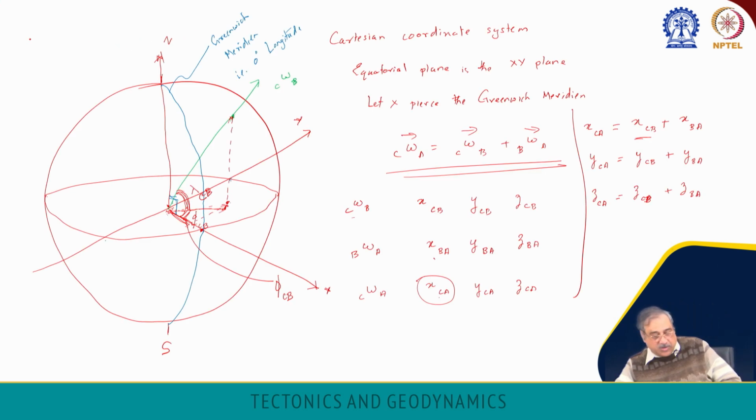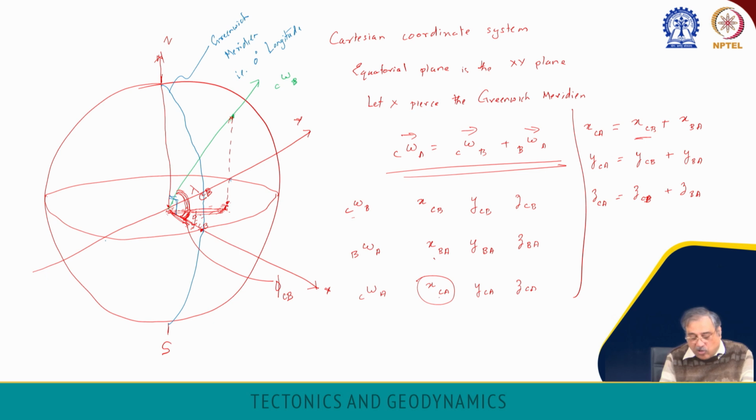That's not complete, because if this is omega CB, the cos of the latitude would give me this length, but this is not my x component. My x component means that this length has to be projected onto the x-axis. So it has to be projected down here, and it must be multiplied by the cosine of this angle. But what is this angle? This angle is obviously the longitude.